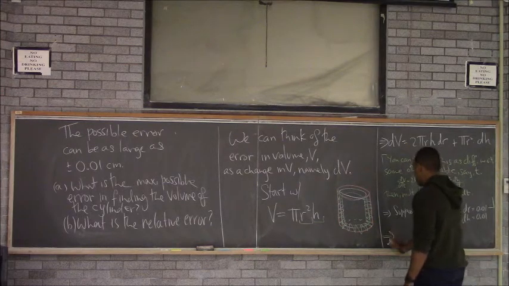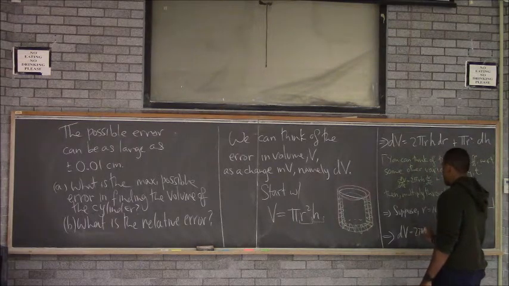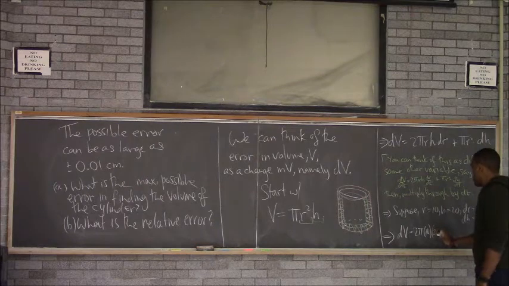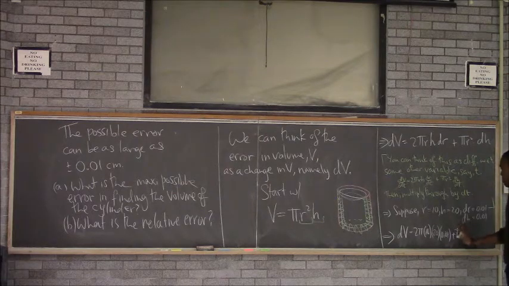Which means the change in volume is going to be 2 pi times 10 times 20 times 0.01 plus pi times 10 squared times 0.01.